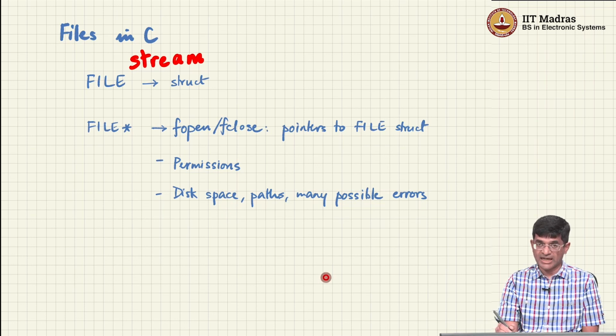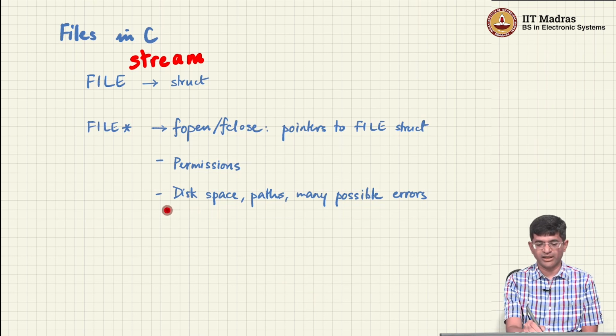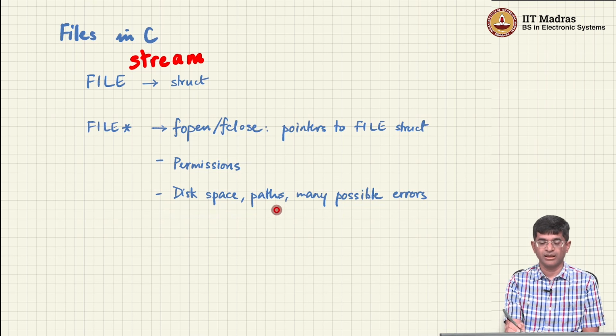Now, as you might imagine, when you are trying to use files, there are a number of other kinds of errors that can also crop up. In particular, you can run into problems such as running out of disk space when you try to write to a file, or finding that a given path is not present when you try to open a file.